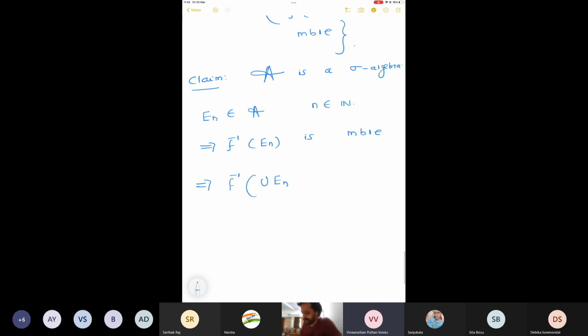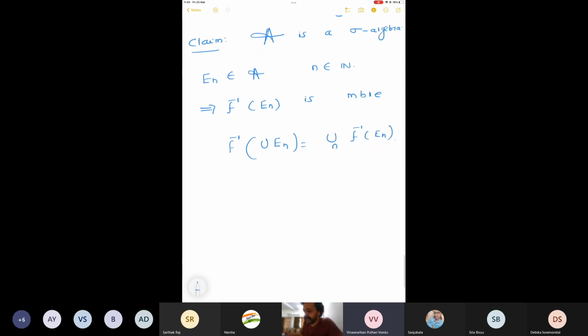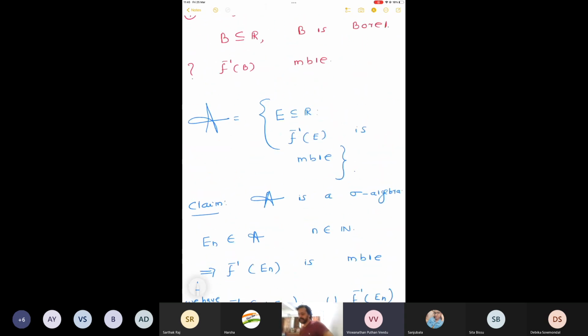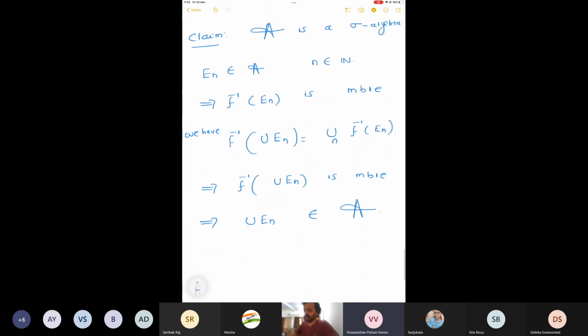This is a fact from set theory: f inverse of the union of E_n is equal to the union of f inverse of E_n. Each f inverse E_n is measurable, so f inverse of the union is measurable, and hence the union of E_n is in A. So A is closed under countable union.